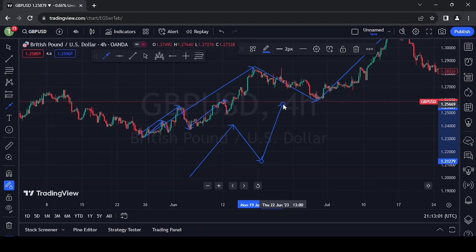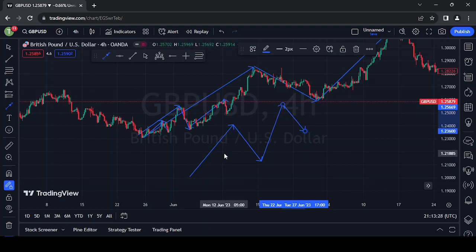Impulsive move, then with a correction, right, with a correction. Now the impulsive move is a swing. All right, the impulsive move is a swing, okay, from a swing low to a swing high. Then you have the correction, then you have again the impulsive move, then you have the correction. Now this is an order flow, okay.